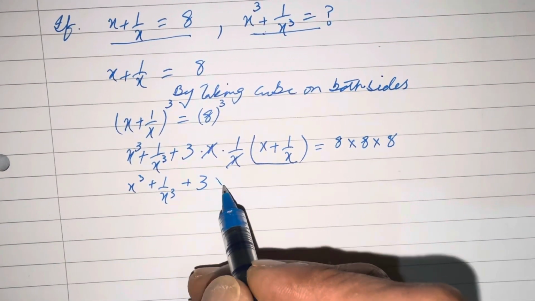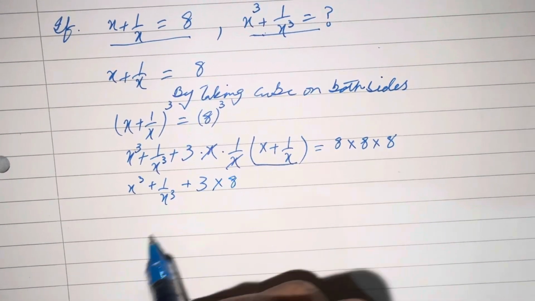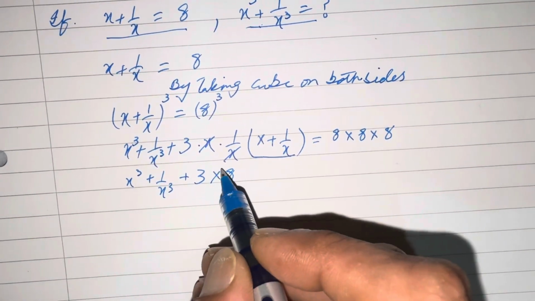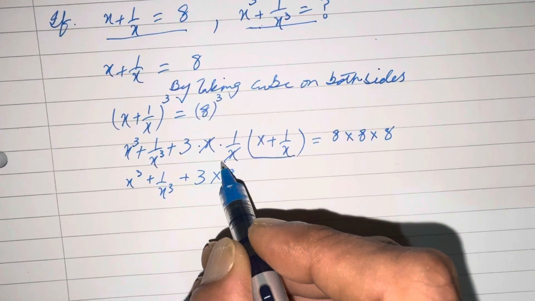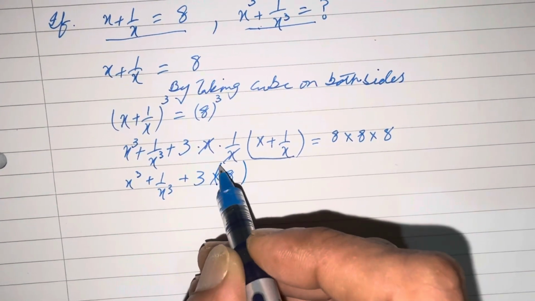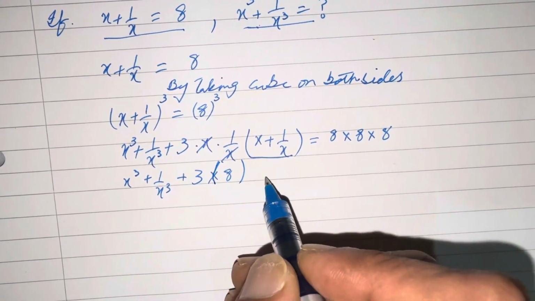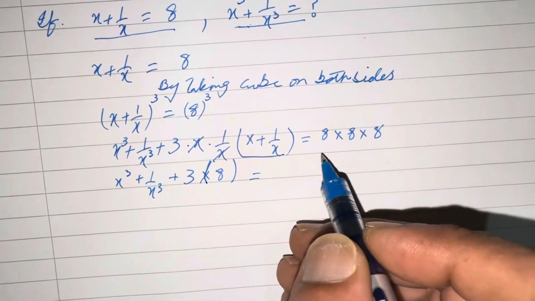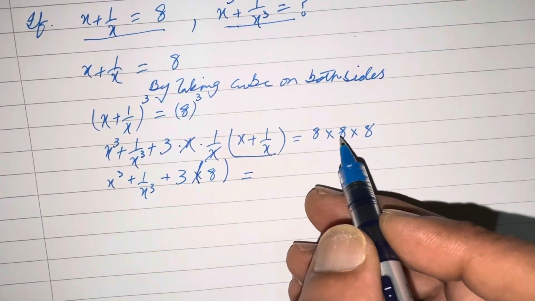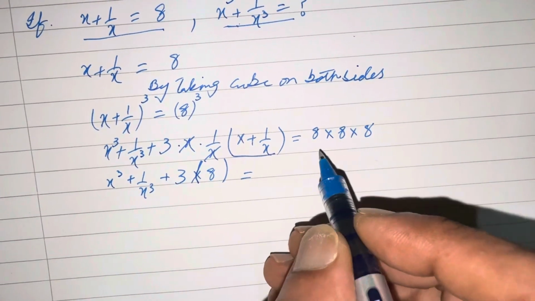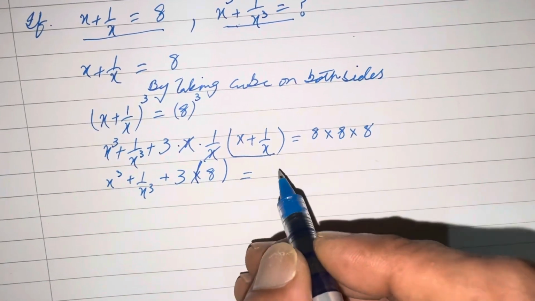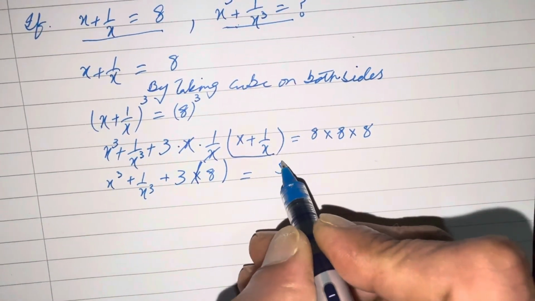So 3 multiplied by 8, or you can use the brackets, means multiply. So 3 into 8. And 8 cube: 8 8's are 64, and then 64 8's are 512.